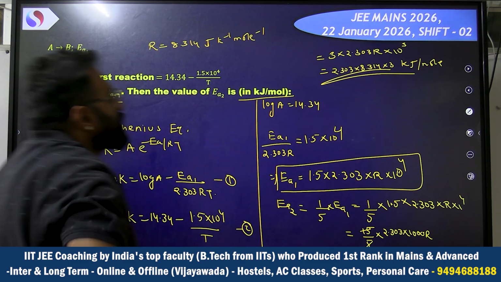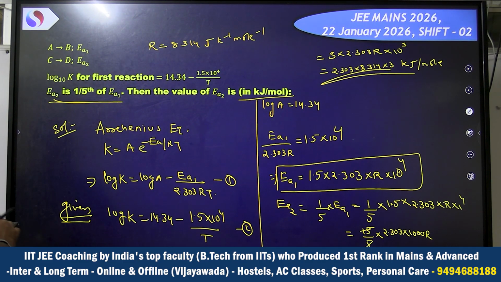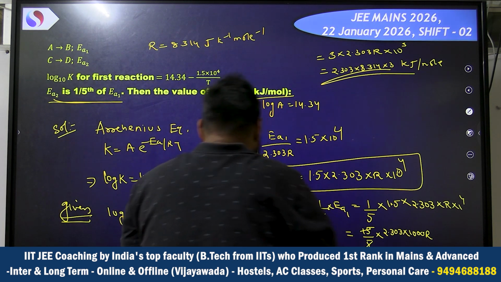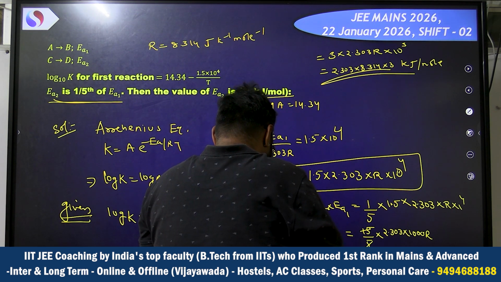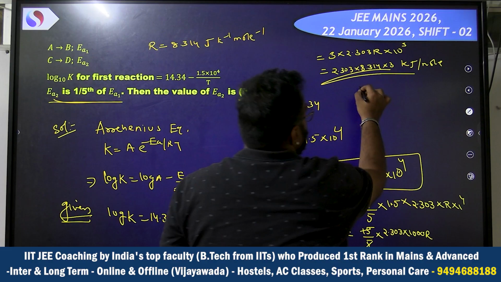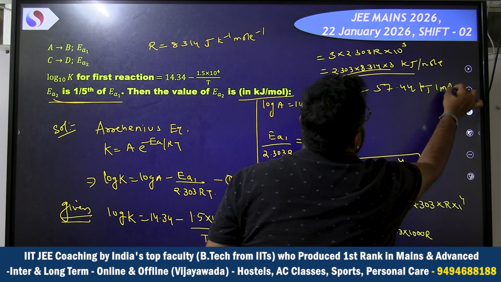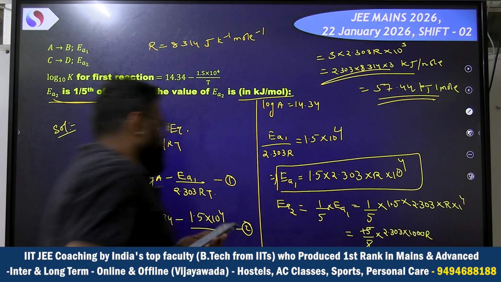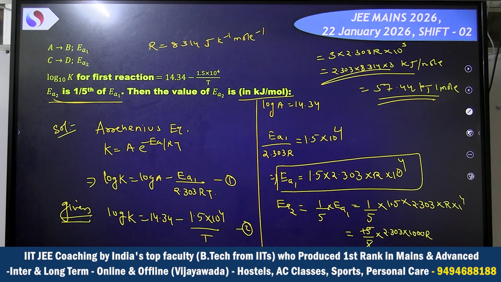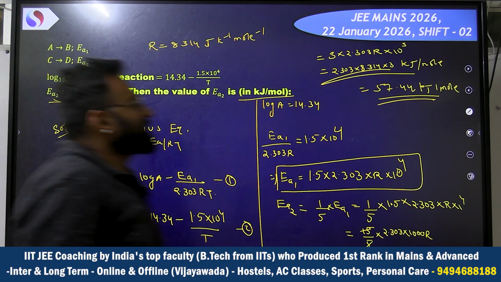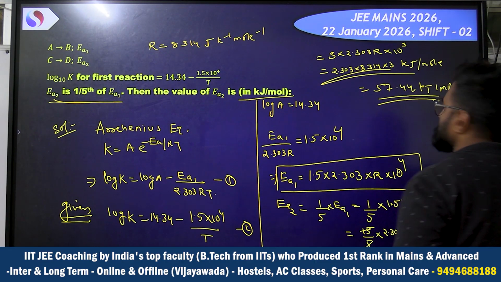Solve this and you will have your final answer: 2.303 multiplied by 8.314 multiplied by 3, so this will be 57.44 kilojoule per mole. This will be your answer, 57.44 kilojoule per mole. Simple chemical kinetics question based on the Arrhenius equation.